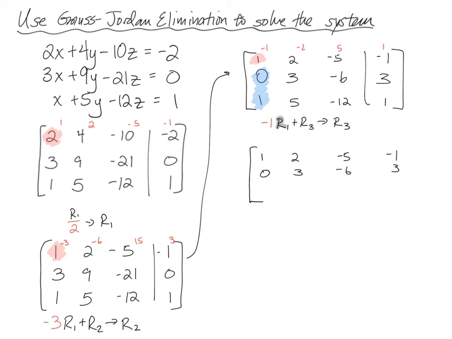So the new row 3 looks like this: 0, 3, -7, and 2. All right, so we have our 1 here, and we have our zeros below. We're done with that column. That column is completely finished.